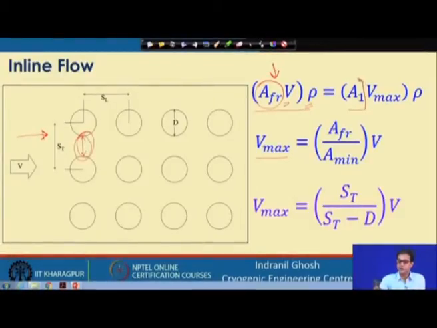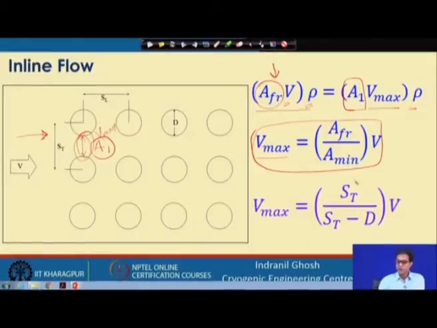So, here this A1 is the area at this point, and here you have the velocity, say V max, and the corresponding density is rho. So, we have a relation for the V max related to the frontal area and the minimum free flow area.